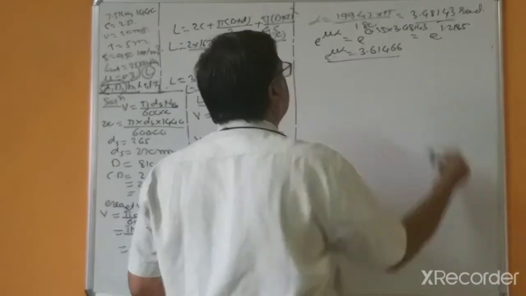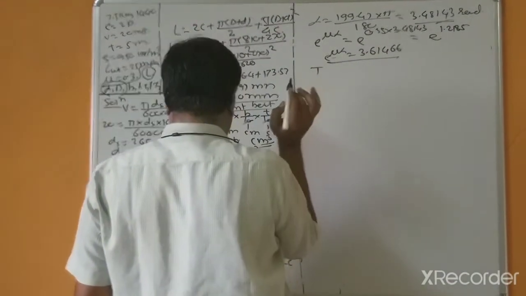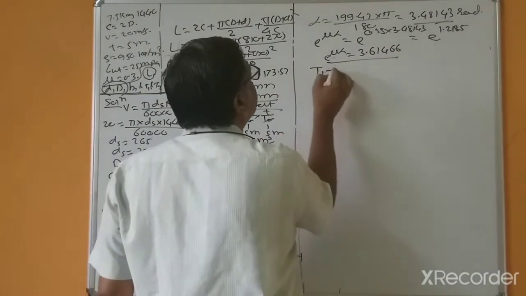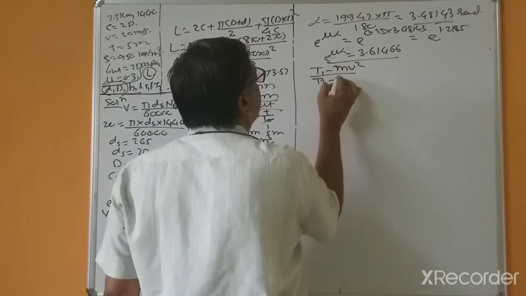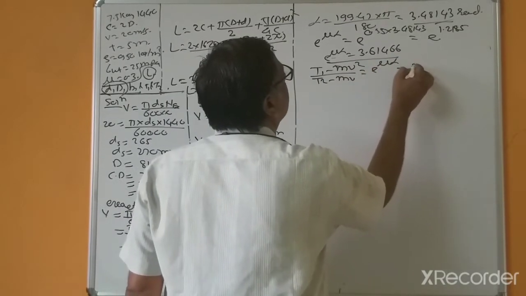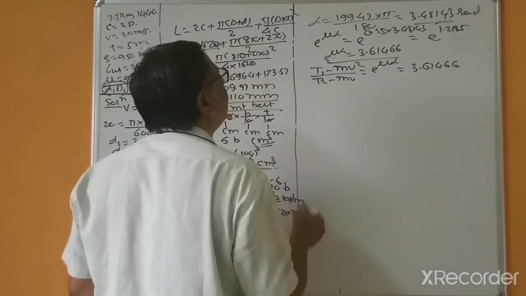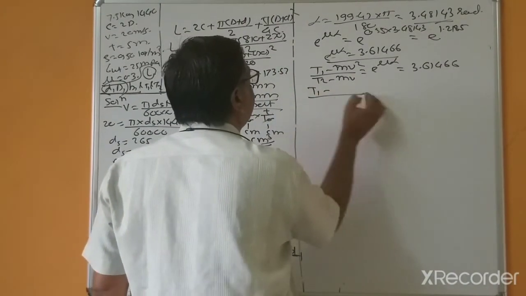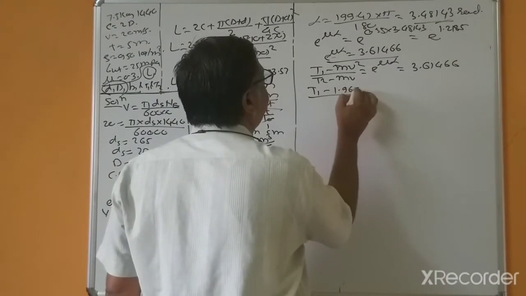61466. T1 minus mv square e to the power mu theta, T1 m square 1.969.